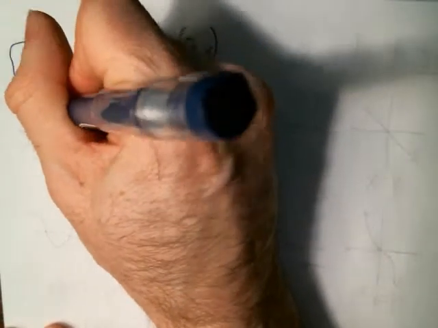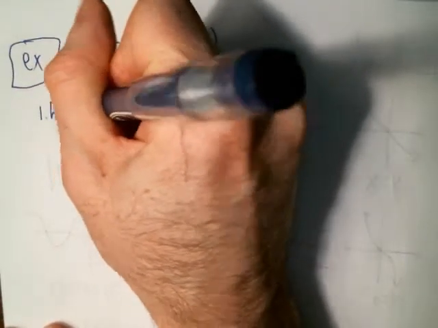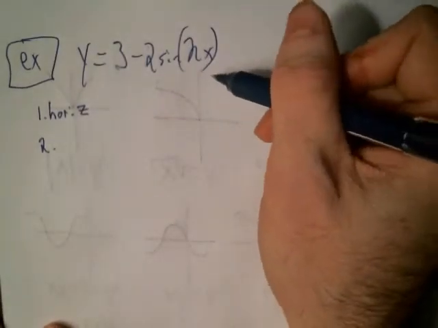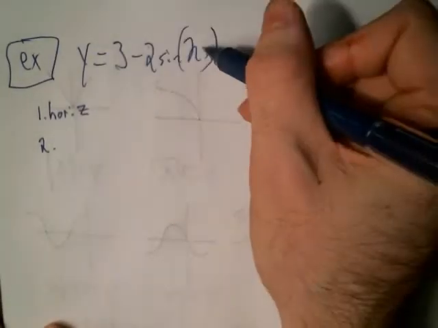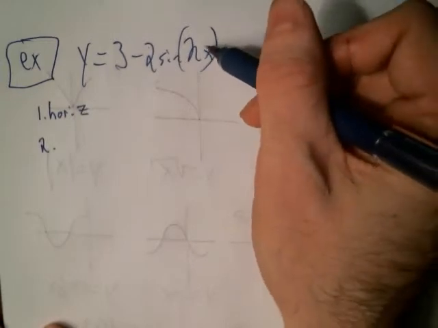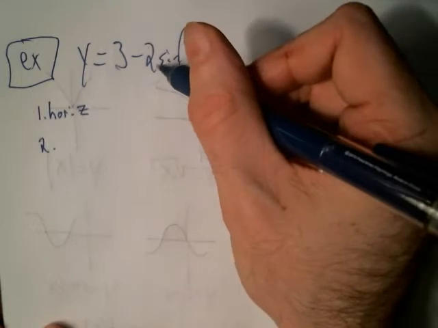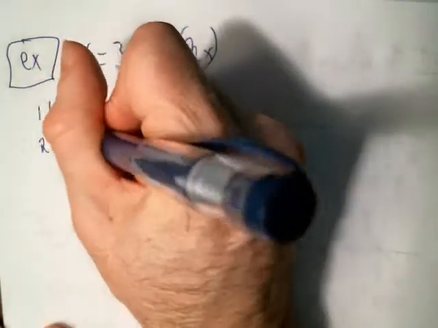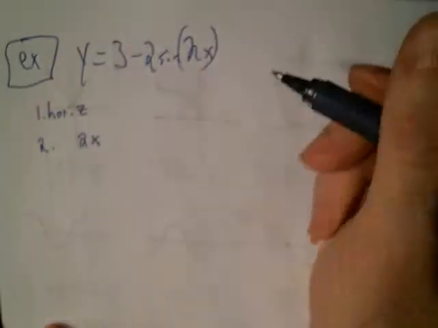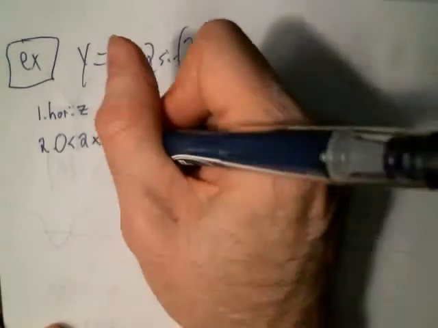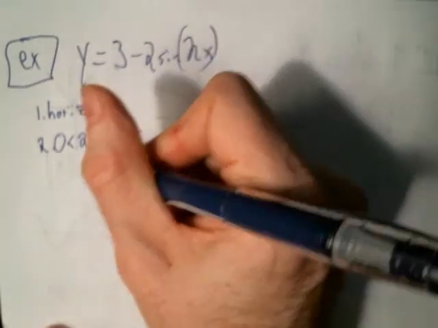So we're in the clear there. Secondly then, stretch shrinks. So we have inside here a horizontal. On the outside we have a vertical. So to figure out the sort of new period, you wedge the guts here in between 0 and 2 pi and then solve for x.